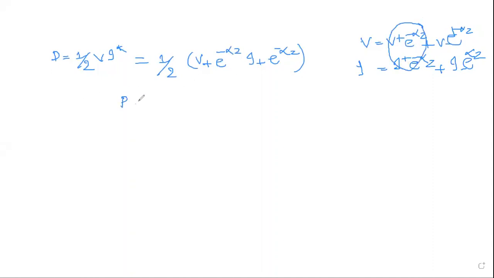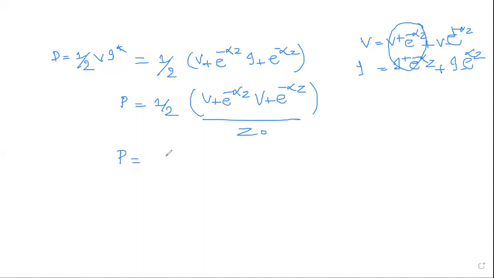Now, if I write the power, it is half into V plus e to the power minus alpha z. If I write this current in terms of voltage, it will be V plus e to the power minus alpha z divided by Z naught.